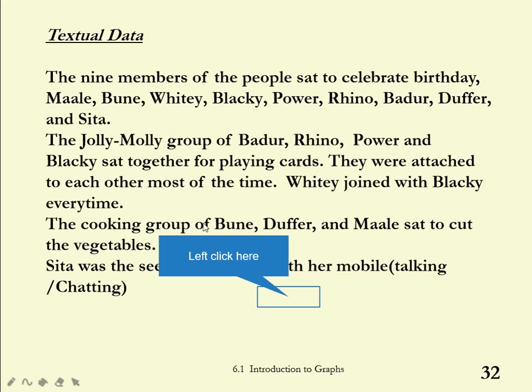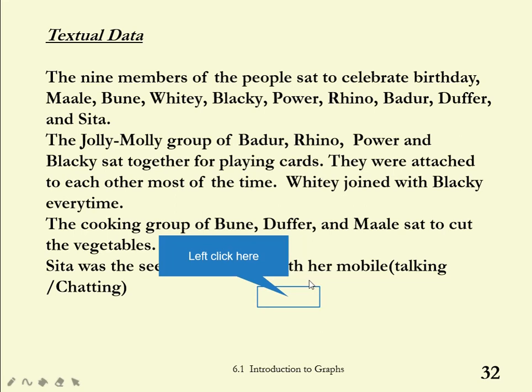This also gives us some information to infer. And there was one lady, one girl who was alone, who was aloof. Not mixing with everyone, Sita was always seen busy with her mobile, talking or chatting. See, some of you must be like this too. So you have to analyze this.